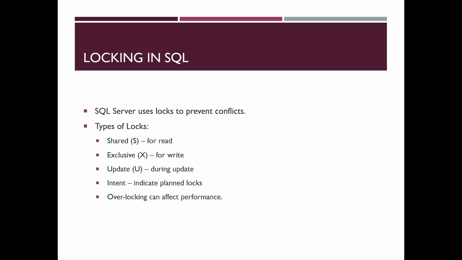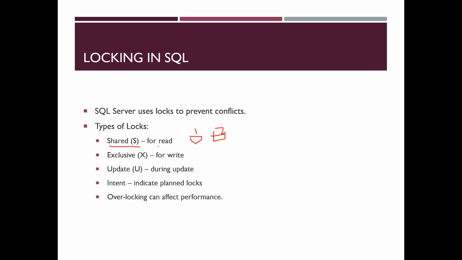Now let's move to locking in SQL. SQL Server uses locks to control access to data and prevent conflict. Let's understand the types of locks. First is shared lock. Shared lock is used for read operations, which means multiple users can read simultaneously, like here user 1 and user 2.